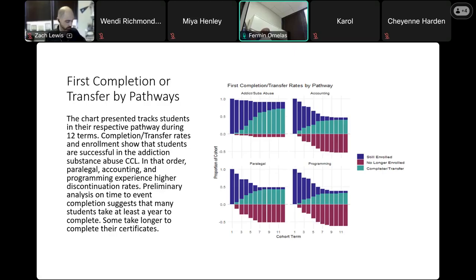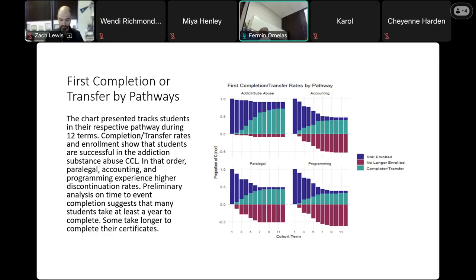If you look at the blue section of the chart, these are students that are still enrolled. The green indicates students that completed or transferred, and the brown one suggests that those individuals are no longer enrolled in the program, right? So as you can tell, this first program is the most successful compared to the other ones.